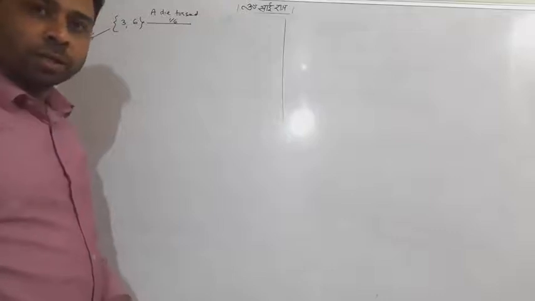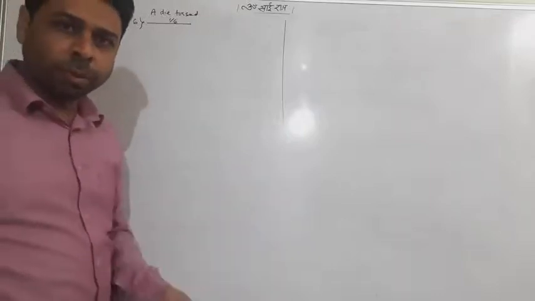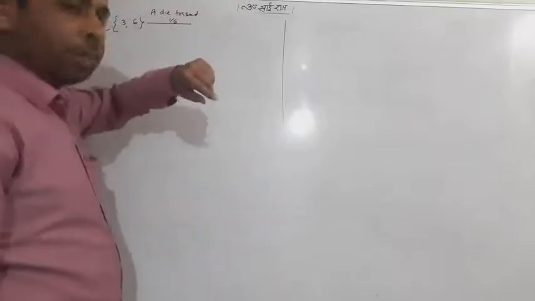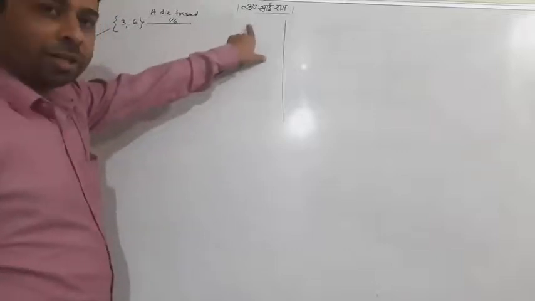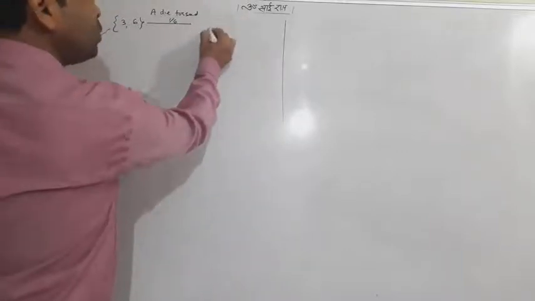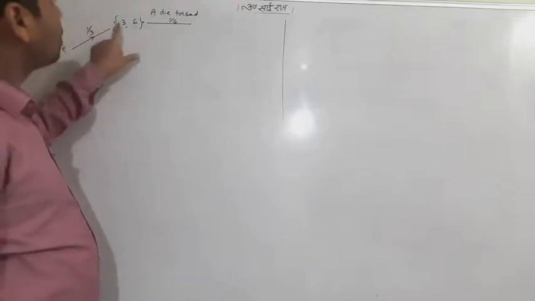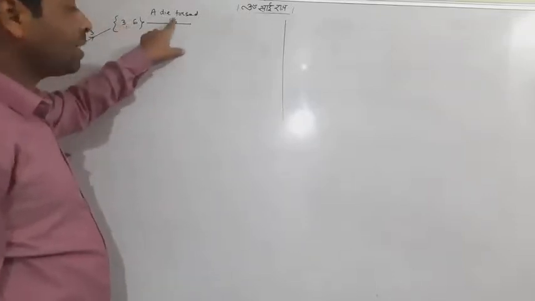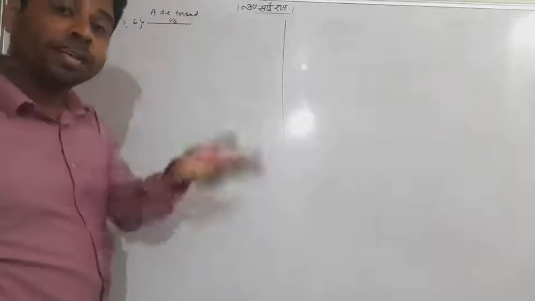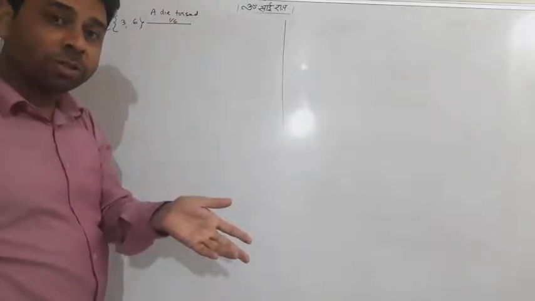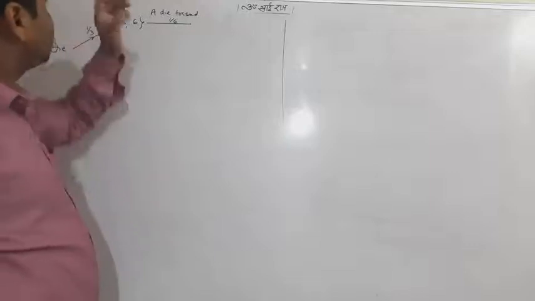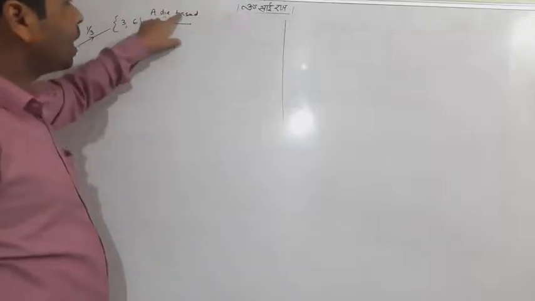So look, it is a die. When 3 comes, the die is tossed. If 6 comes, the die is again tossed. Either 3 or 6 coming means the die is tossed again.